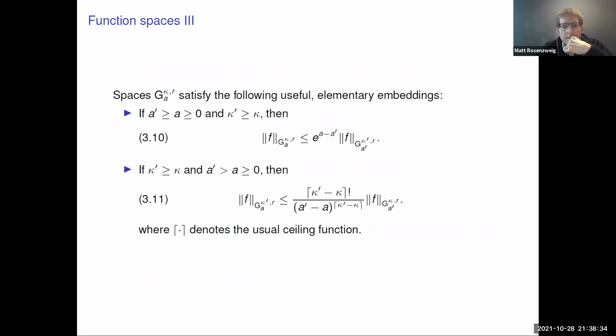So these spaces satisfy two useful embeddings. The first is kind of trivial, but the second one, it's not hard to show, but this is the one that's extremely useful. And what is this saying?